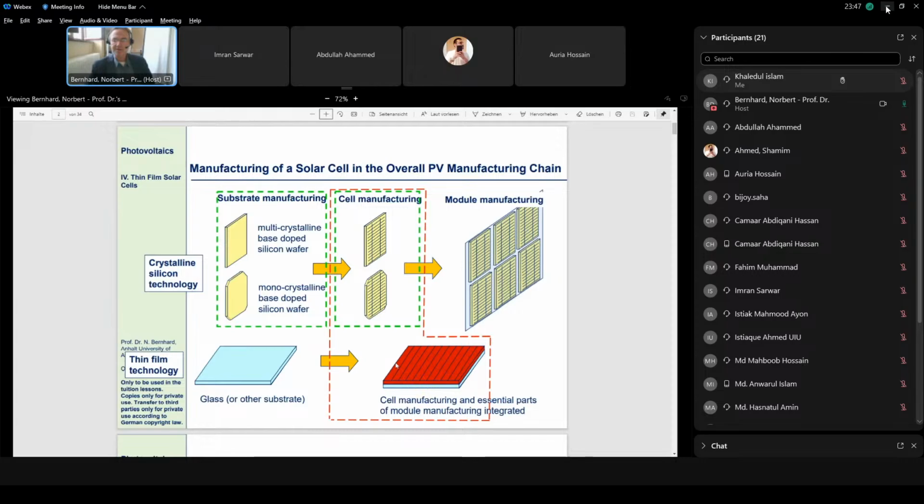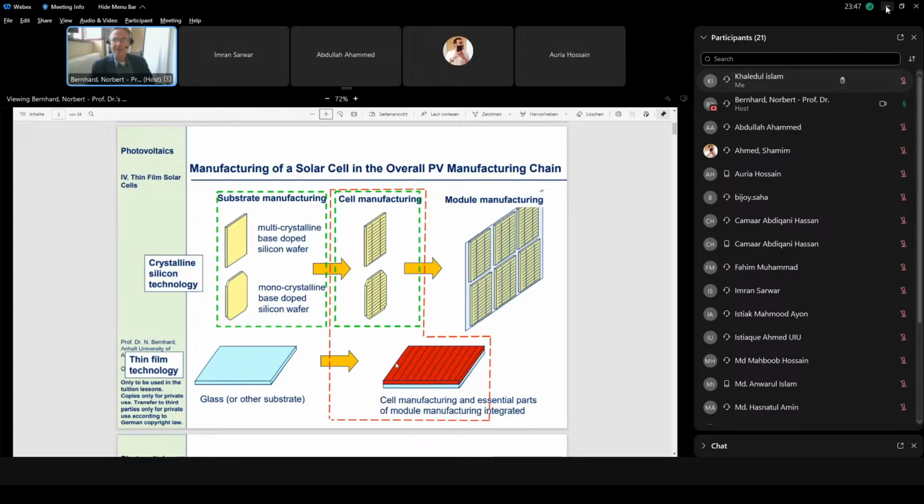Okay, and you see this is another difference. Here we have the extrinsically doped zinc oxide, in this case the doping is aluminium. Zinc has valency 2, aluminium has valency 3. If we replace a zinc atom by an aluminium atom, again we have a surplus electron which makes an n-doping of this layer.